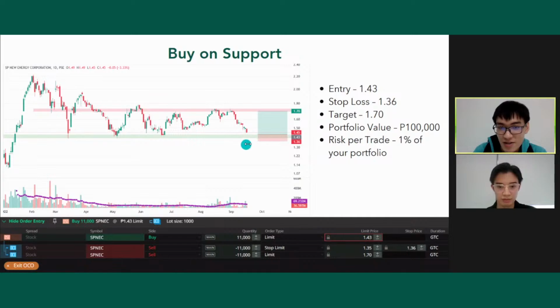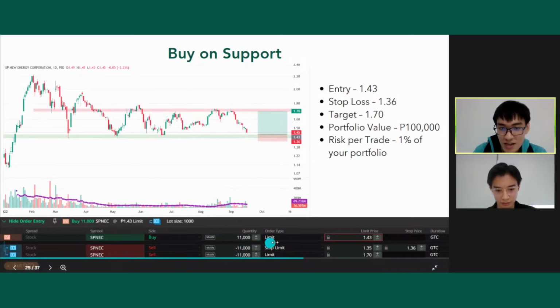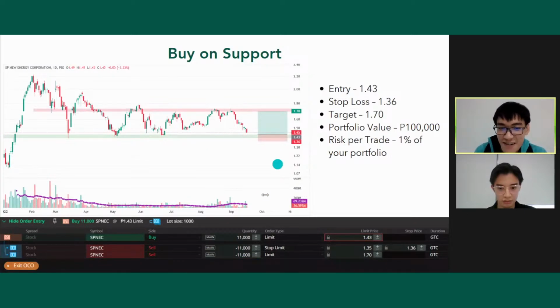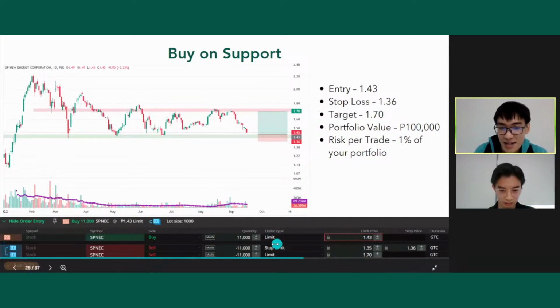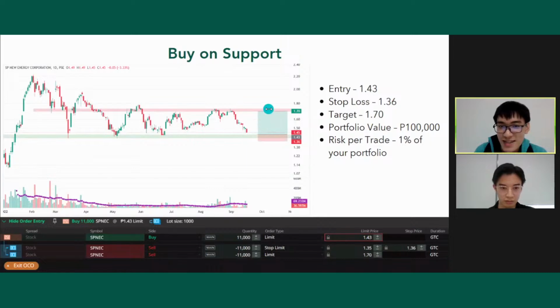It's not yet at 1.36. So, the order would be, if the price hits 1.36, that's your stop price, it will execute a limit sell order at 1.35, di ba? So, kung tumama sa 1.36, ibebenta na niya at 1.35 para ma-out ka na. Then, for your take profit, it's simply a sell limit order at 1.7. So basically, there's a sell order here. Parang it will just wait if price hits 1.7, and you'll take your profits na.